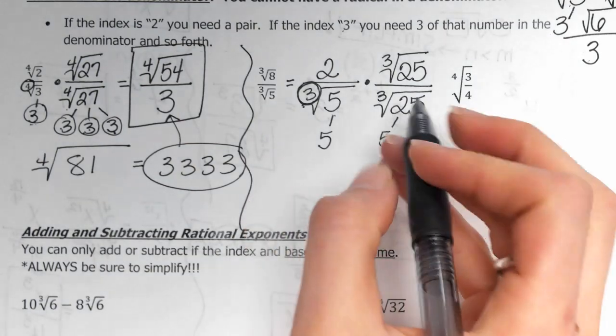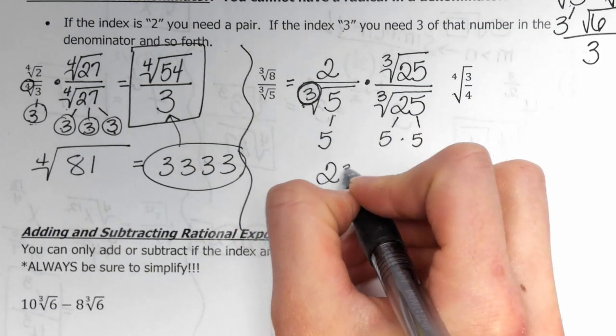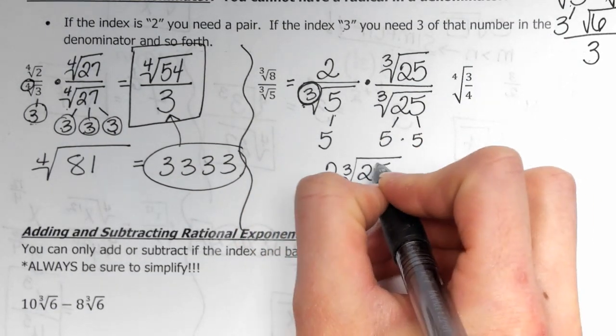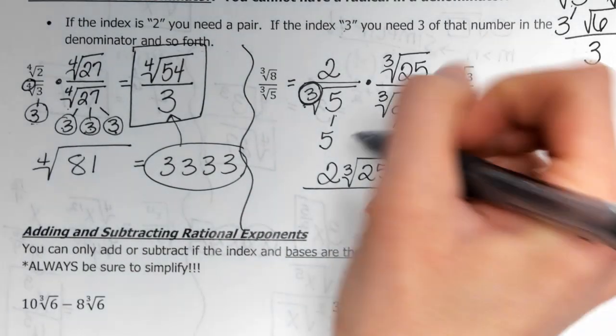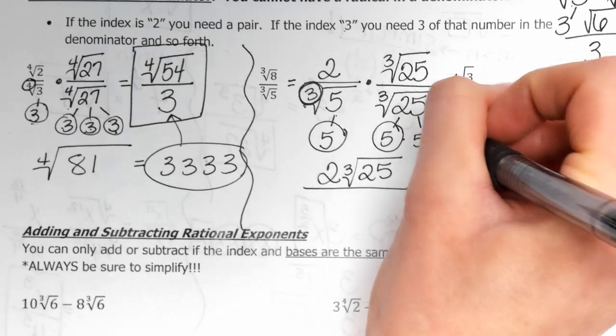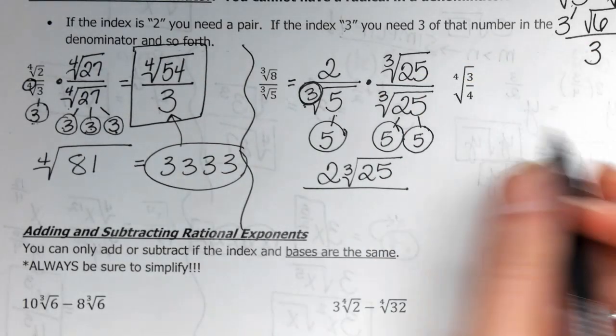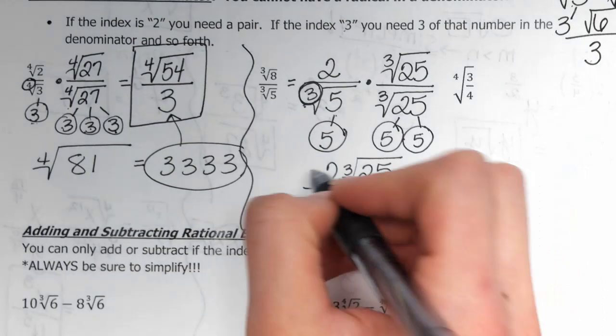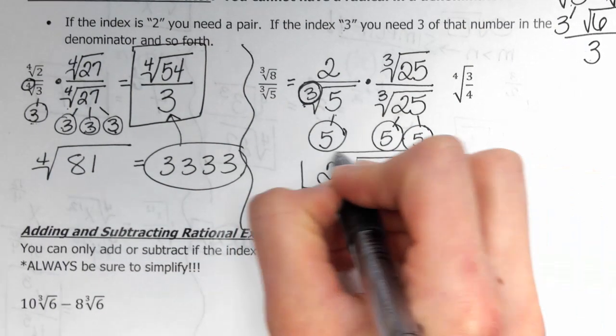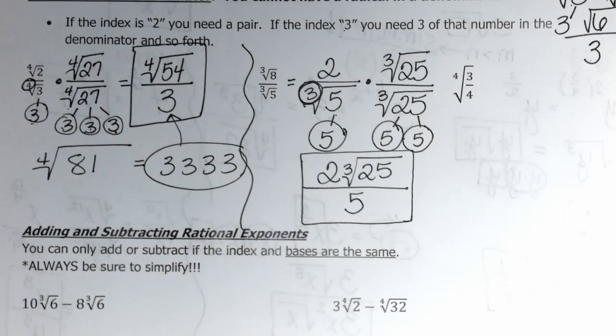Okay. So then my numerator becomes 2 times the cube root of 25 over, what's my factor? What was my goal? 3 5s. So my 5 is what comes in the denominator. You would check to simplify, you can't.